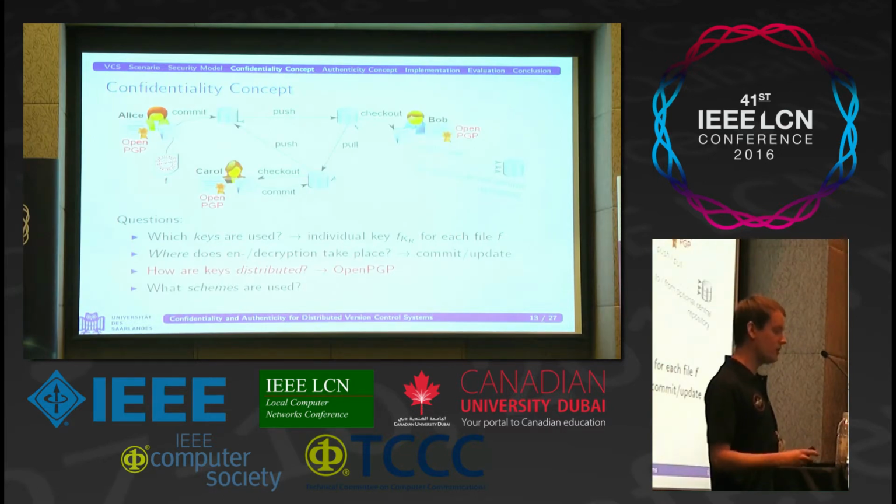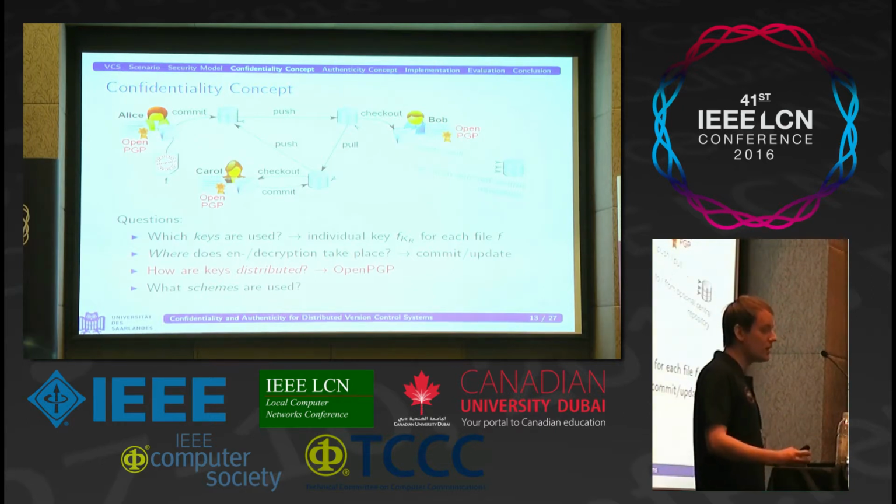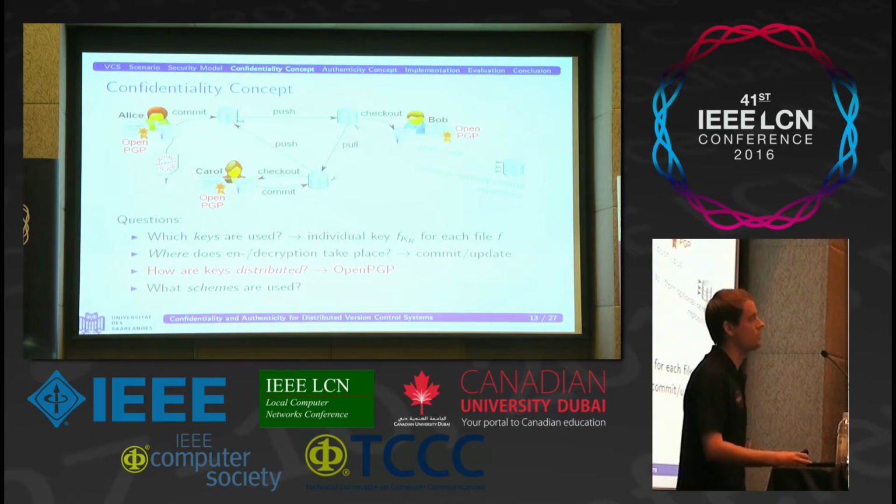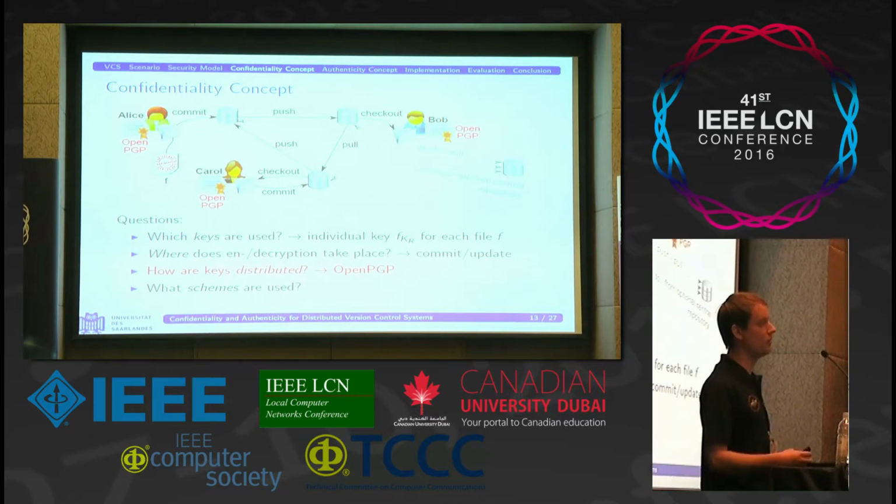Now the confidentiality, third question is again an easy one. Luckily, all the common distributed version control systems already have support for OpenPGP certificates, so users can use the OpenPGP certificate to sign revisions that they commit.